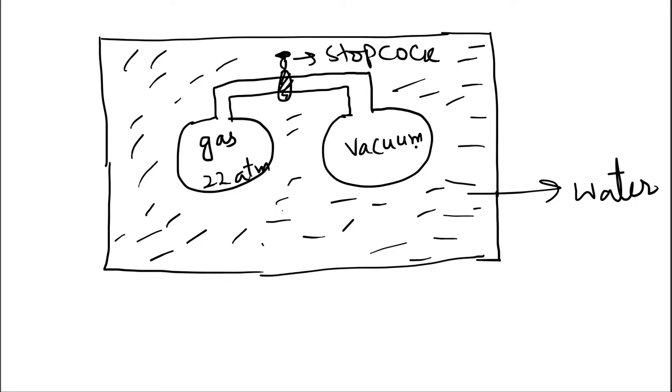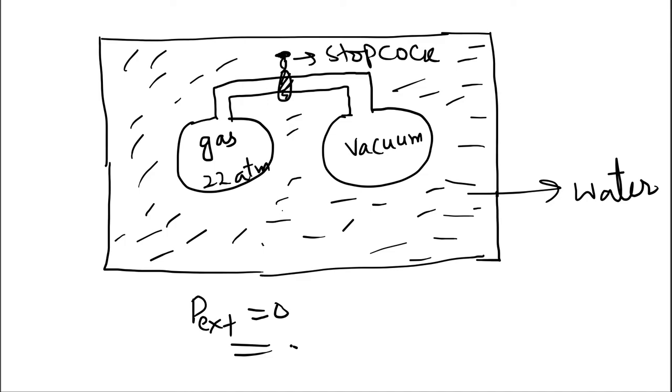Next, what is done? The gas is allowed to expand when the stopcock is opened. So the gas is expanding against no external pressure, because it is vacuum. Gas is expanding into vacuum. That means P external is equal to 0.